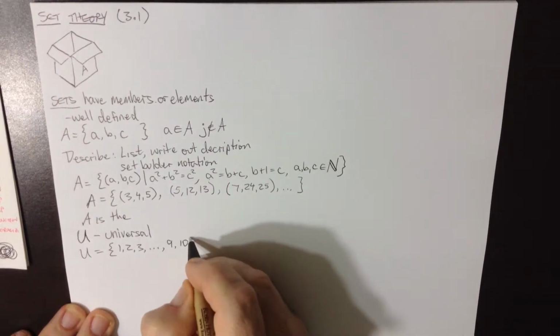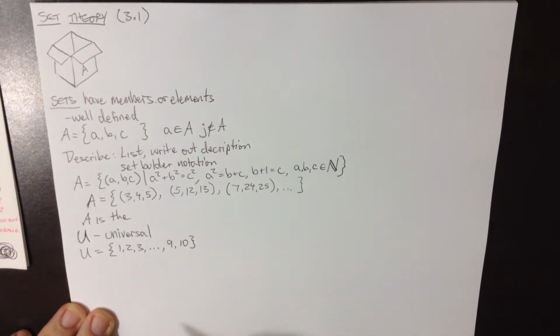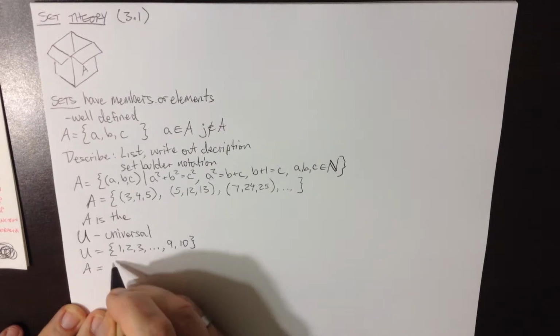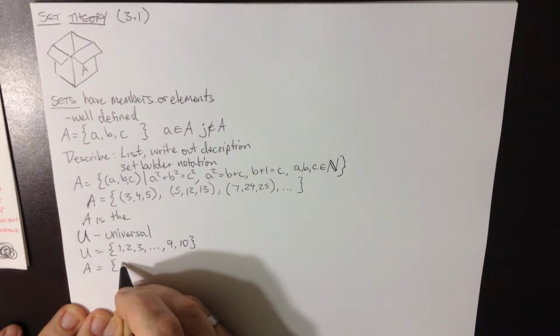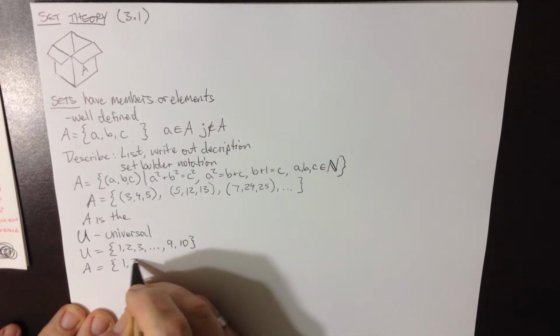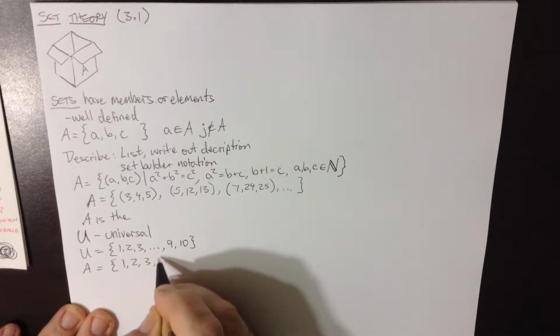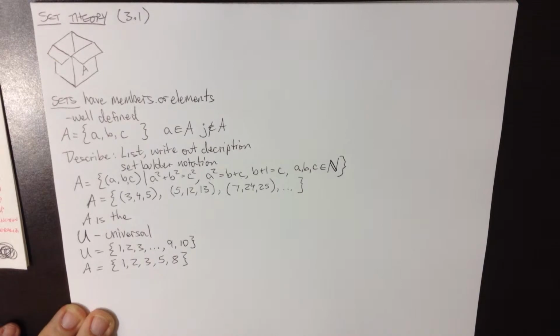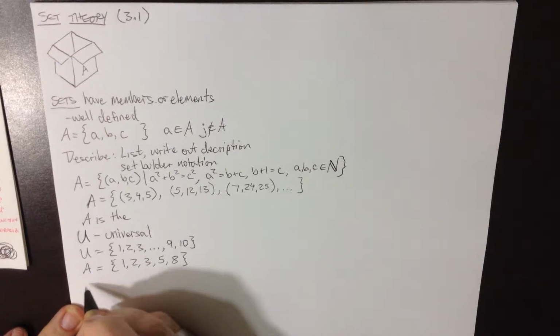So we're looking at just the counting numbers from 1 to 10, and let's say that A is 1, 2, 3, 5, 8. Some of you might recognize what that one is.